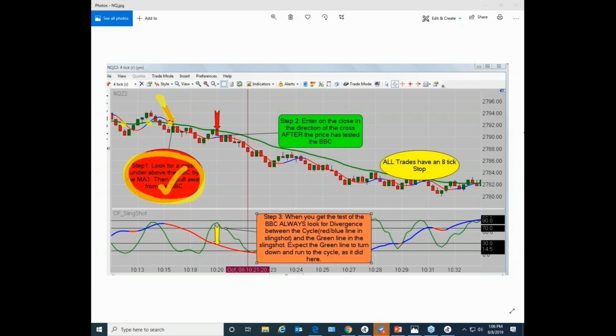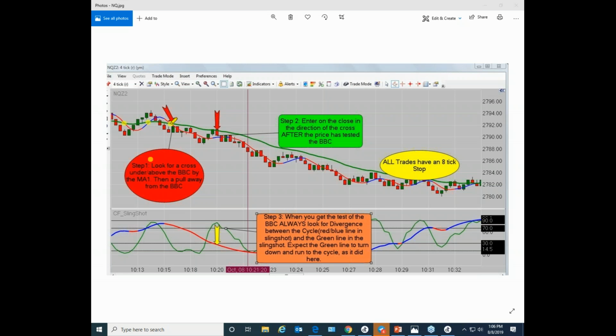Now note, I said opportunity. I didn't say get short. I said opportunity because that leads us, after step one, into step number two, which is this.